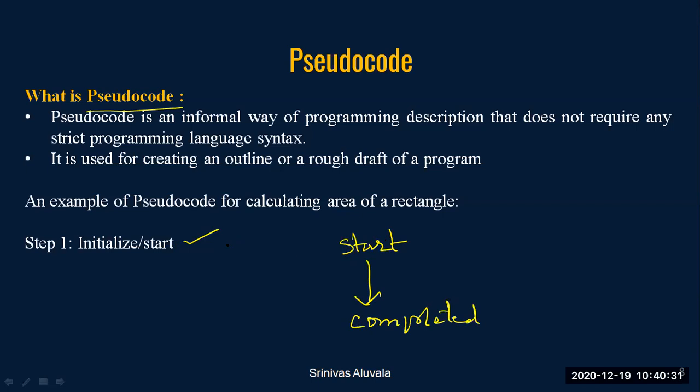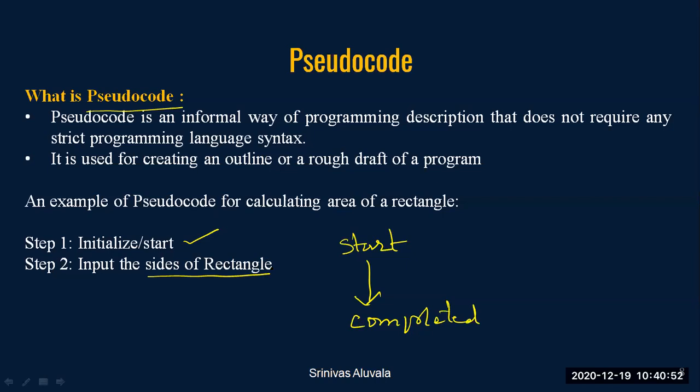So start, and when we want to calculate the area of a rectangle, what is needed in the algorithm? I say input L and B, but here I am not saying L and B. I'm briefly just defining what is needed to get the solution.